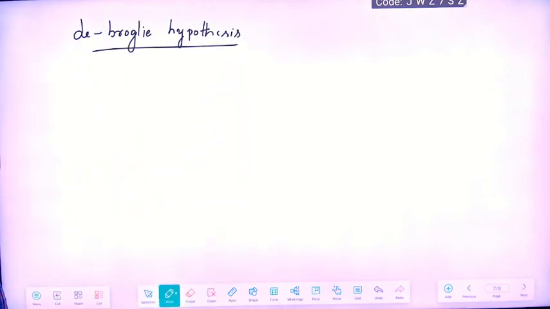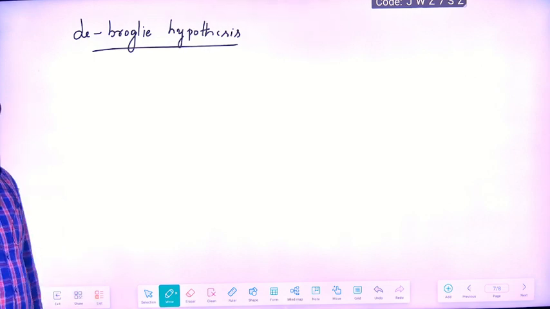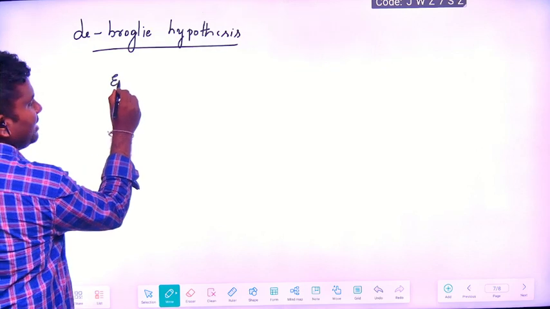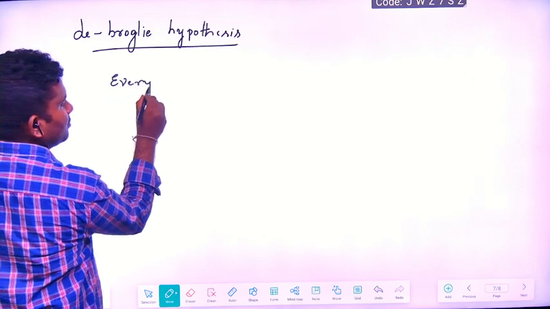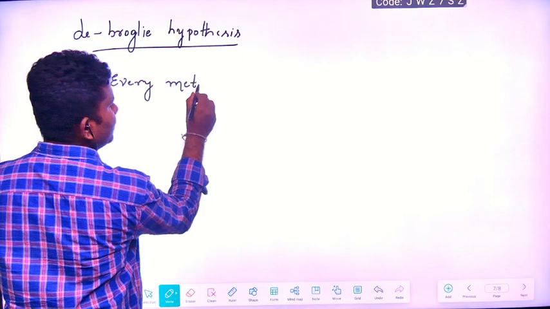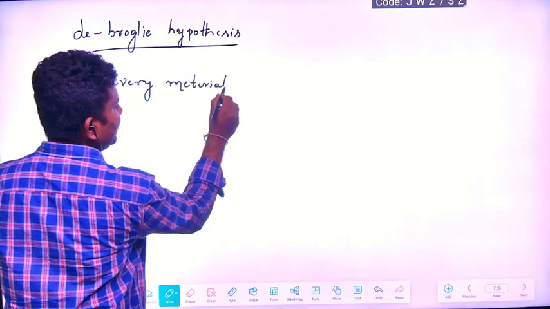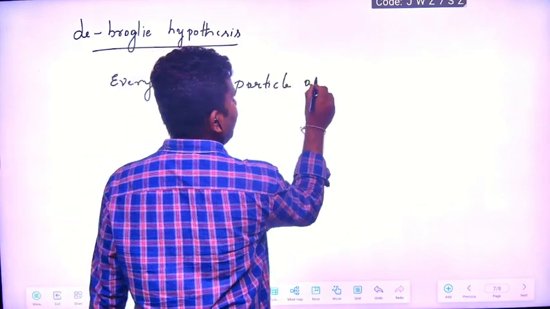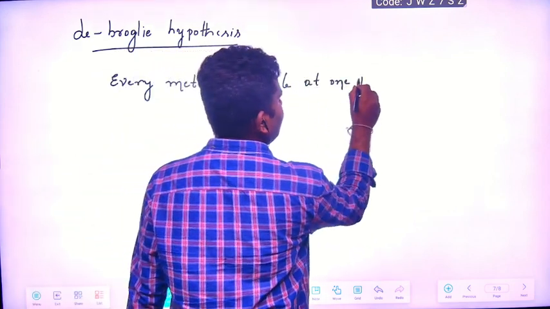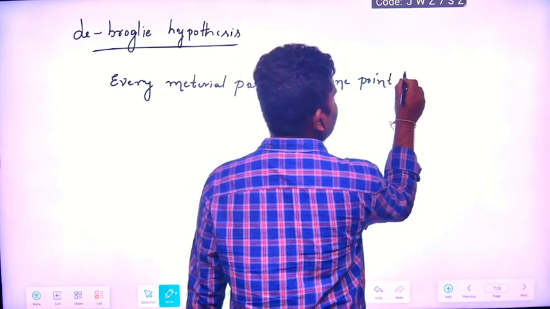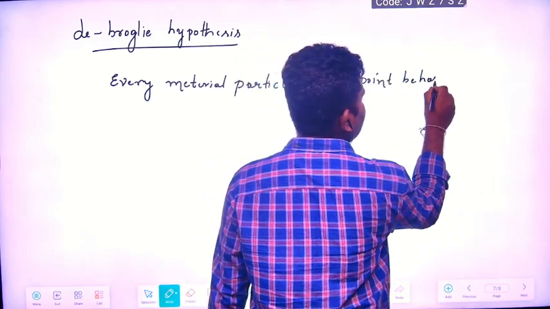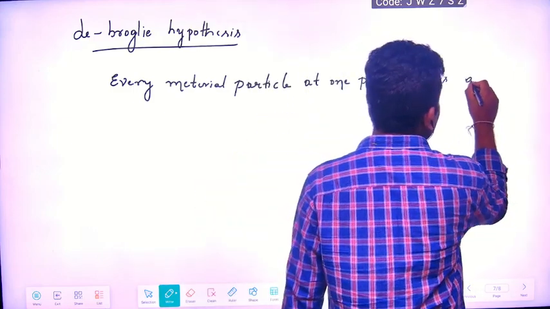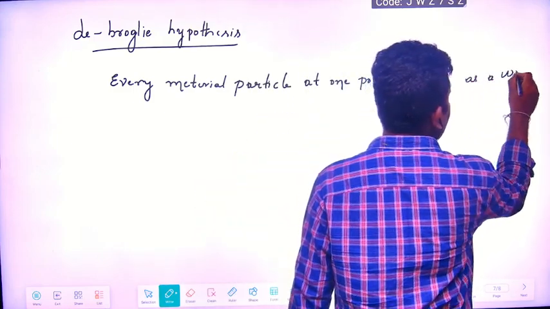According to de Broglie, every material particle will behave as a wave, with the de Broglie wavelength. Every particle, at one point, behaves as a wave; particle nature will become wave nature.